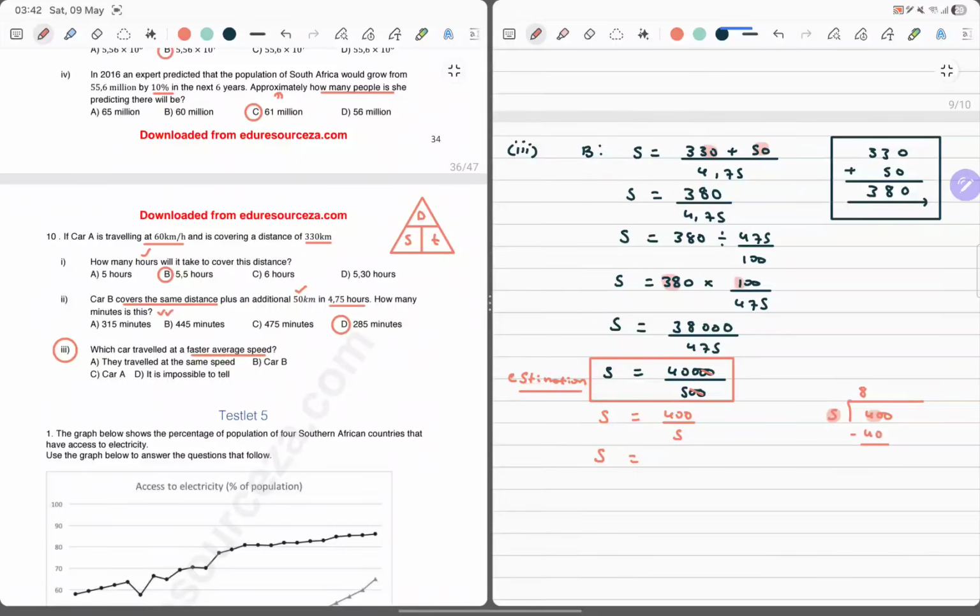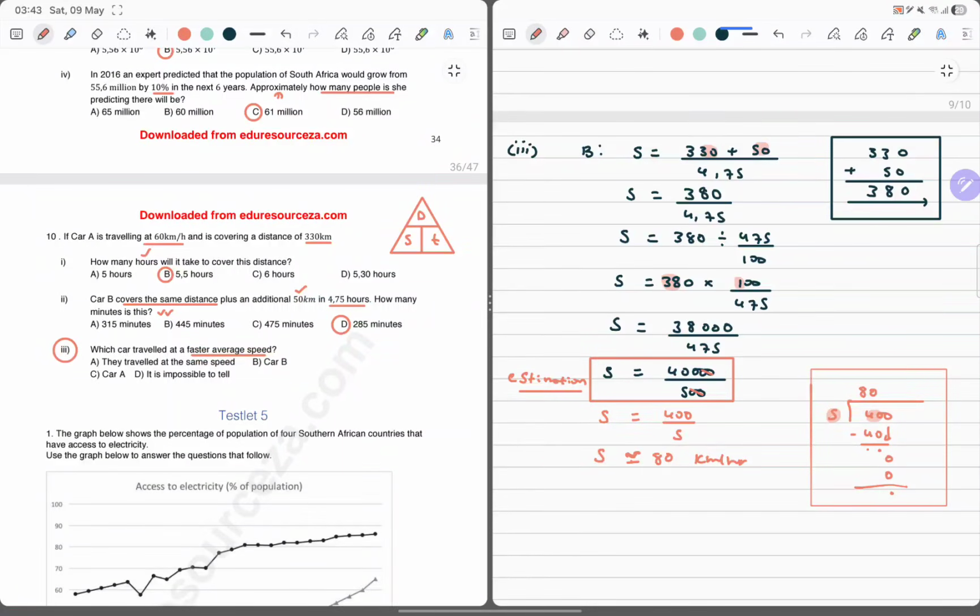Then we bring down the 0, 5 into 0 goes 0 times. Done. So this is going to be 80, approximately 80 kilometers per hour.